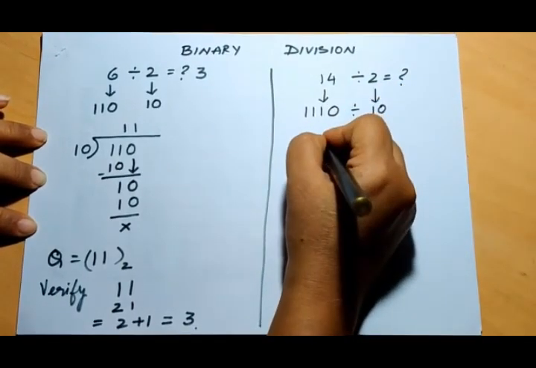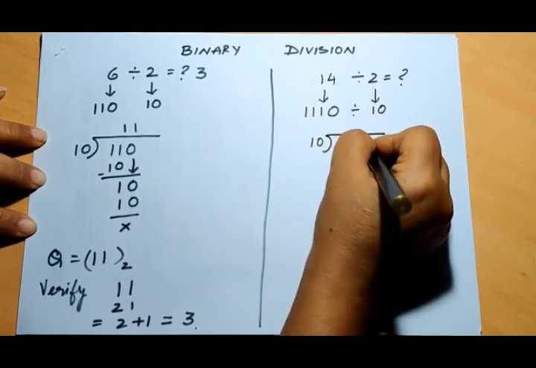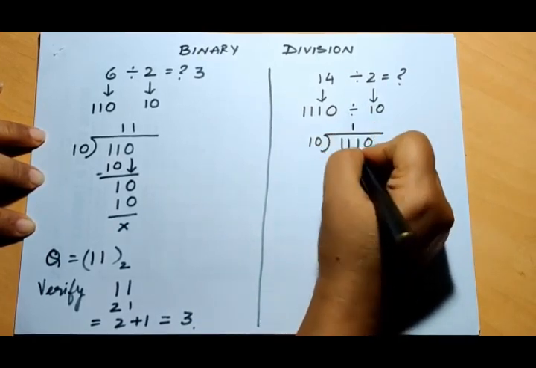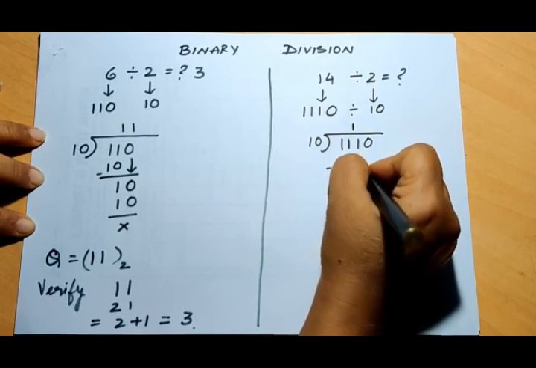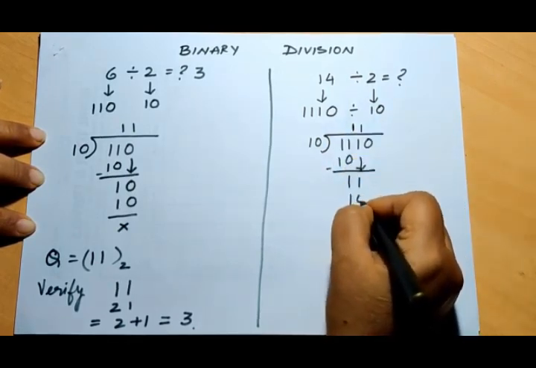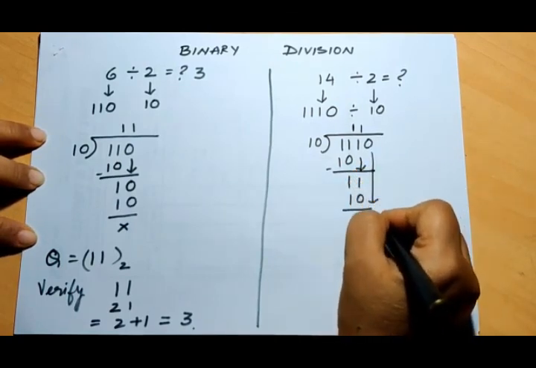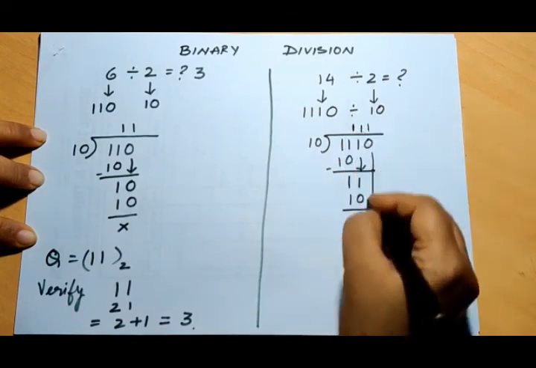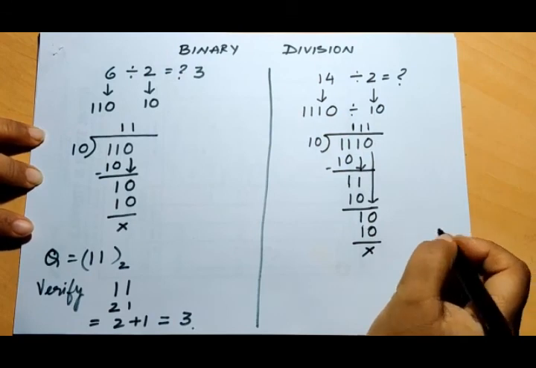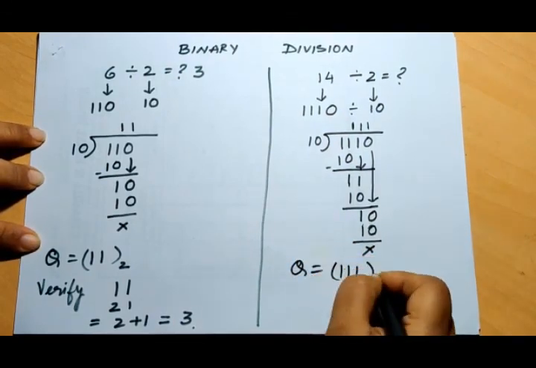When we divide, let's do the long division. 1 1 1 0 goes 1 times, subtract 1, bring down this digit, and it becomes 1 1 again. 1 times 1 0, we bring down this digit, and again 1 times 1 0, and we are left with a 0 remainder. So the quotient is again 1 1 1 in binary.